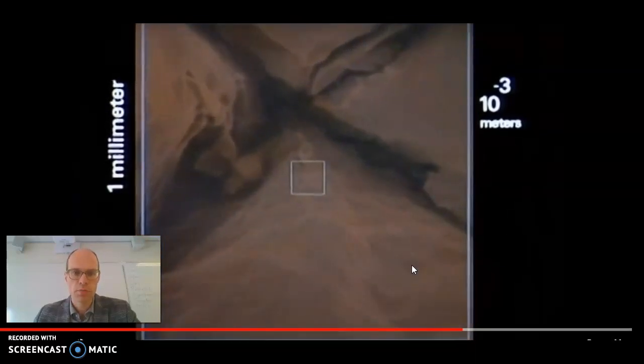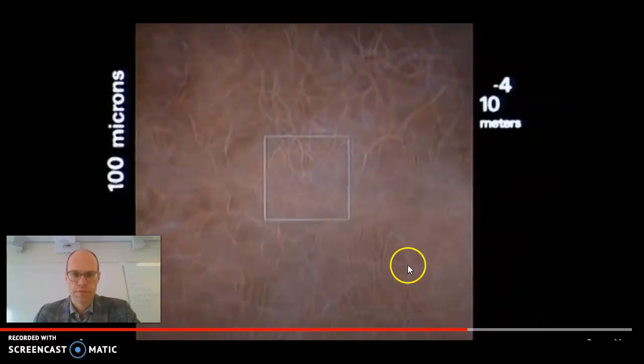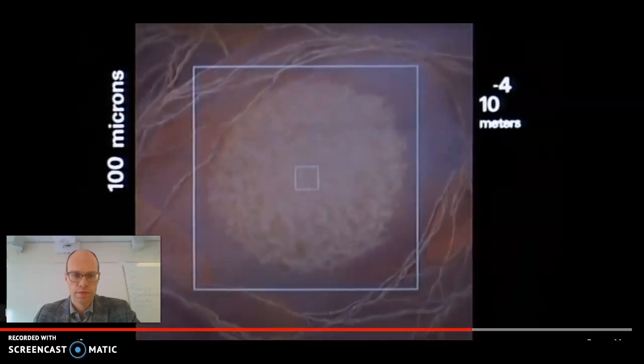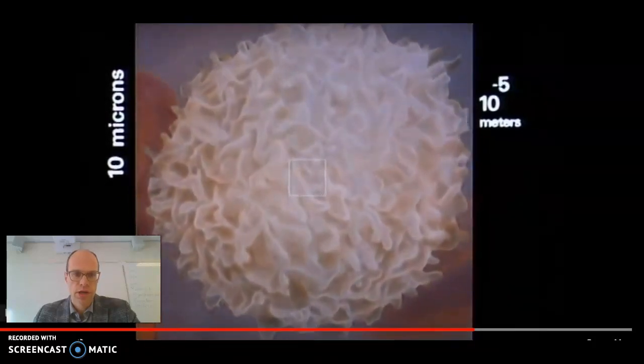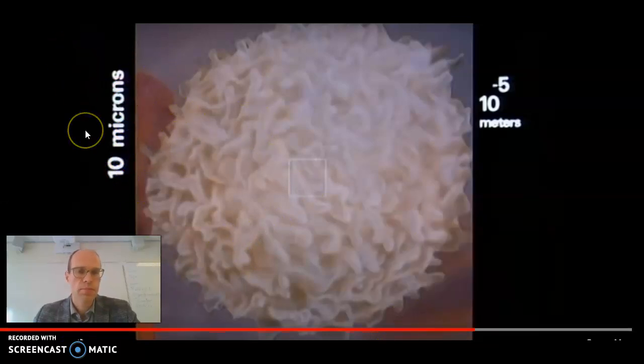It's a very small blood vessel. Okay, so we're looking at part of a blood cell right now, and as you can see, this square is 10 micron, and a micron is a millionth of a meter, so very small.